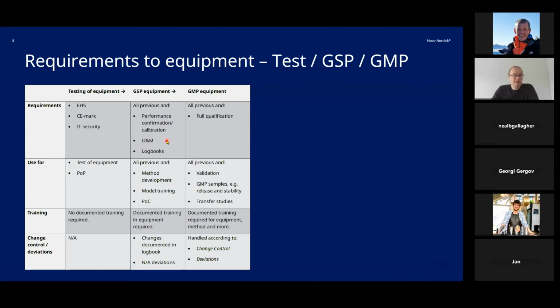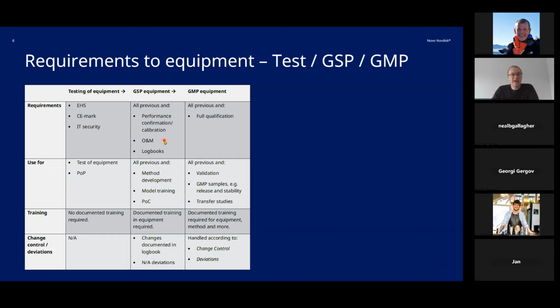We also need for GSP equipment to establish O&M, which is another abbreviation, that is operation and maintenance, to make sure that when we have GSP equipment, it stays in GSP state, that we can continue to trust the measurements. And that is hard to do if you don't maintain the instrument.